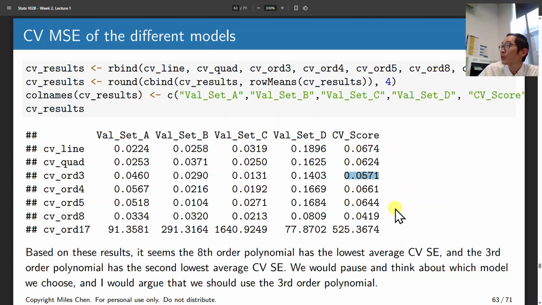Based on this, maybe we would pause to think about which one we would choose. Generally we just go with the lowest cross-validation score, but you have to wonder, is the 8th order really that much better? And I would say we should use the 3rd order polynomial.